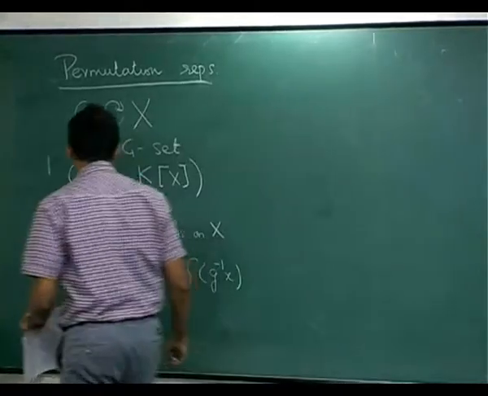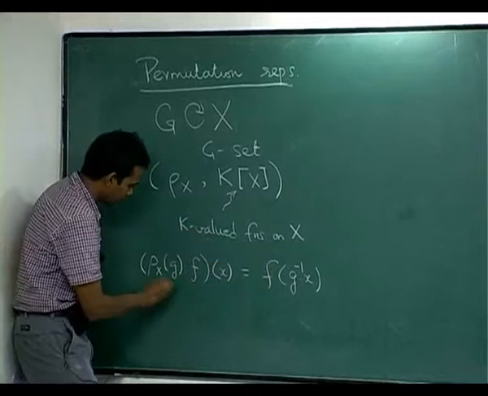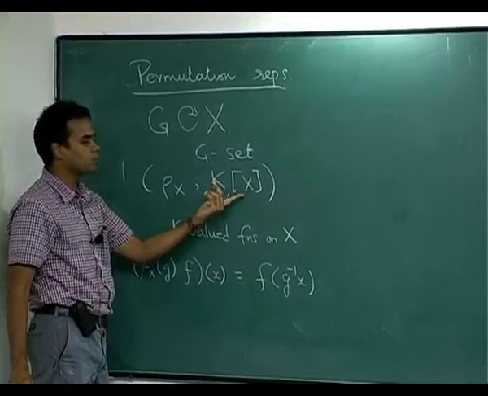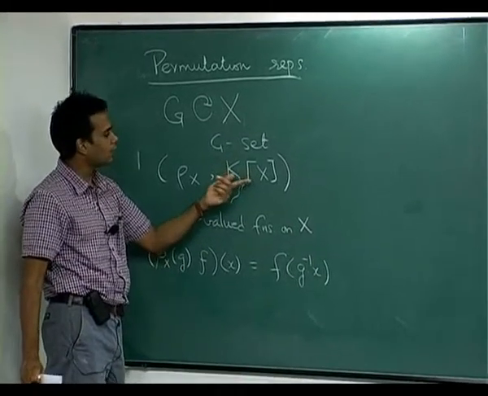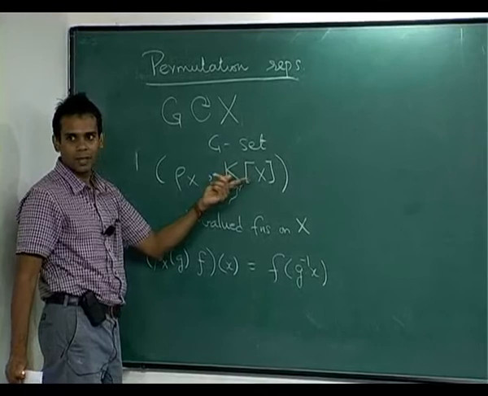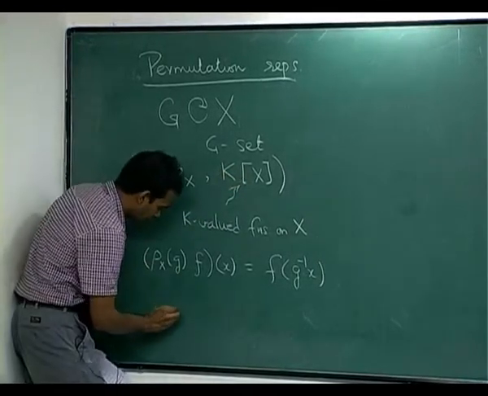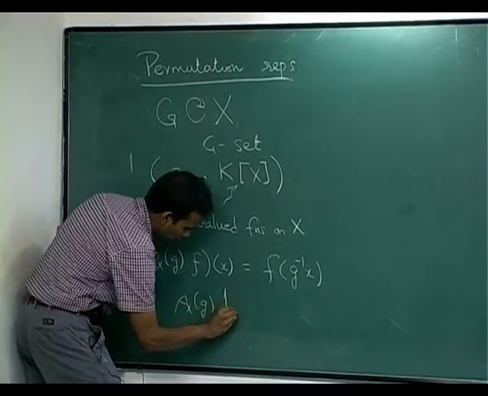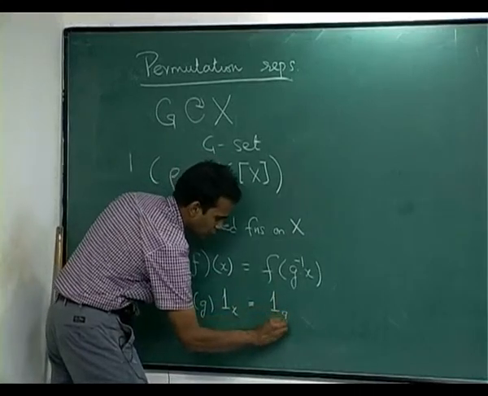Another way of thinking about this, which may do away with this problem of the inverse, is to think of this as a vector space with basis indexed by the points of X. So the function which is 1 at a point little x of capital X and 0 everywhere else. So you can write it like that: rho_X(g) applied to 1_x is 1_{g·x}.